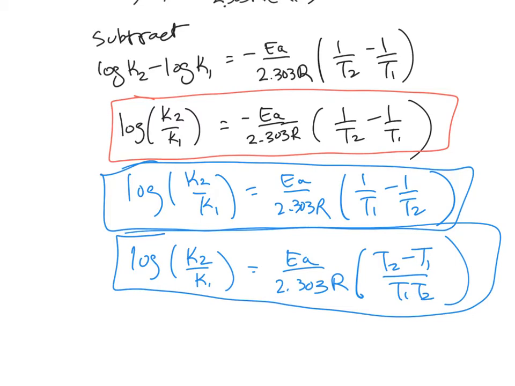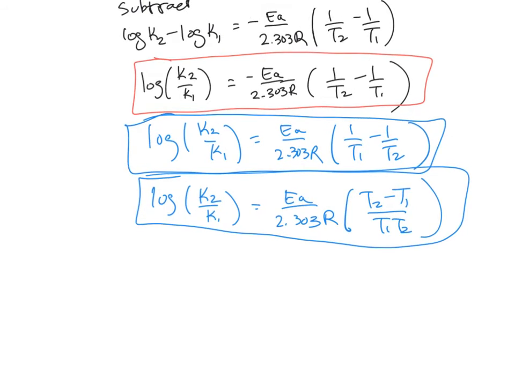And then another form here is flipping k1 and k2 in the argument of the log, and that could be any combination, I suppose. So if you said the logarithm of k1 over k2, go back to this equation in the red box.